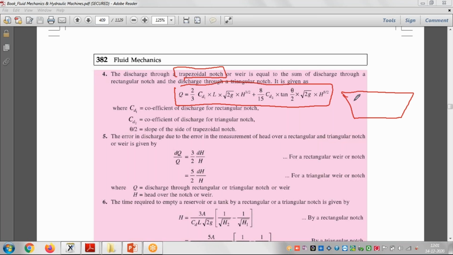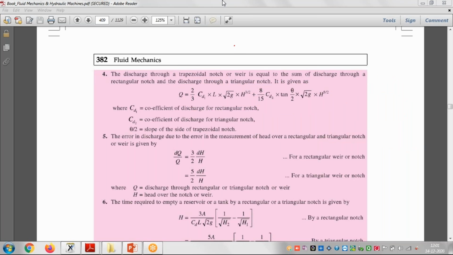And this trapezoidal is a combination of rectangle and triangle. So here you can see this is the rectangular portion, and these portions are what? This is the triangular portion. So that's why the formulas for the triangular and rectangular notch are added and we will get the discharge. So these are the methods through which we can calculate the discharge through some man-made structure.